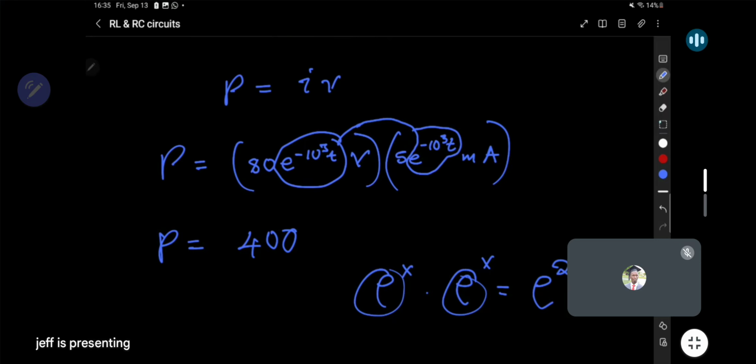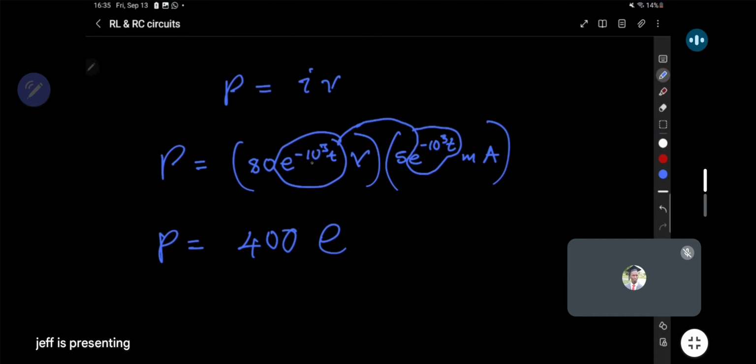So in this case, I just have to double that common power that the e carries. So this will be e to the power 2 times, they're both negative, so it would be negative 2, multiplying whatever this 10 to the power 3 is. Then of course we have t here. This will be in milliwatts.